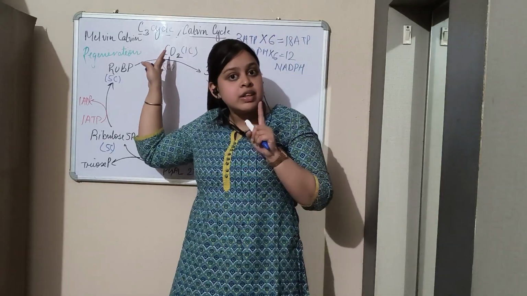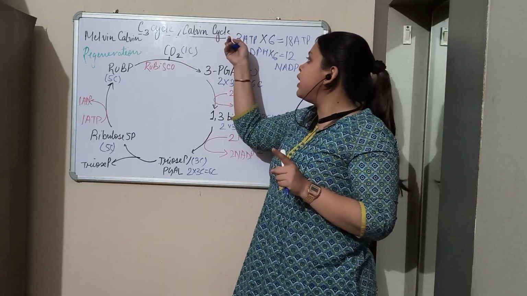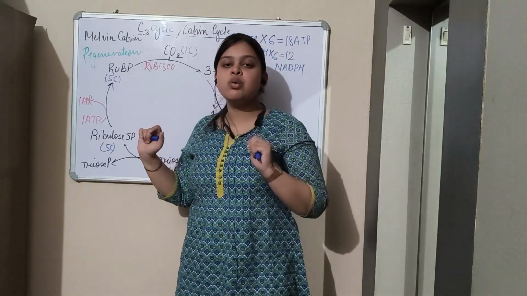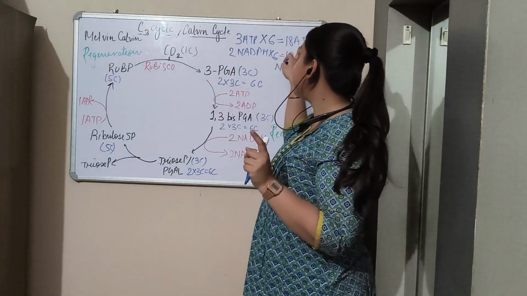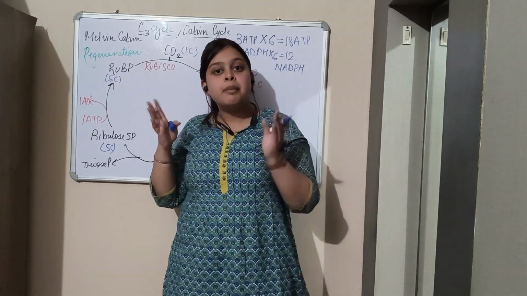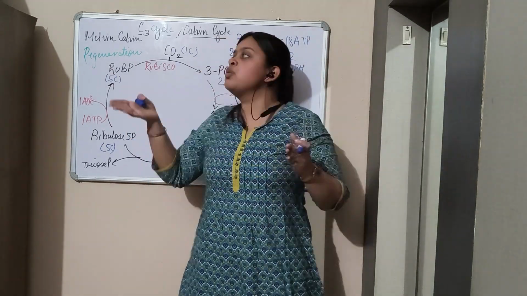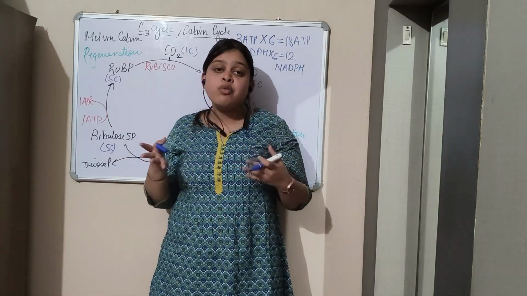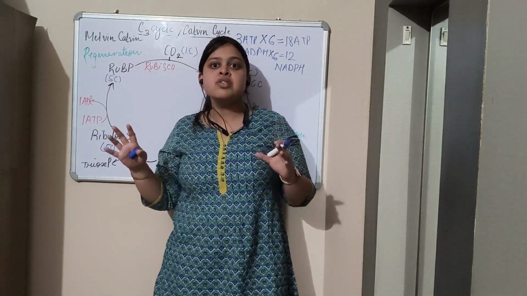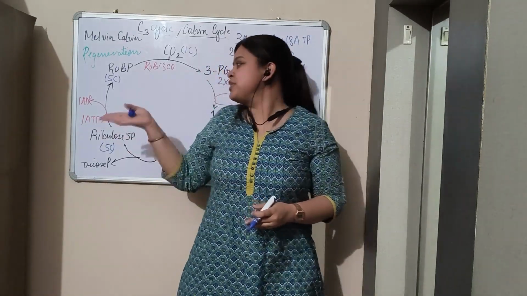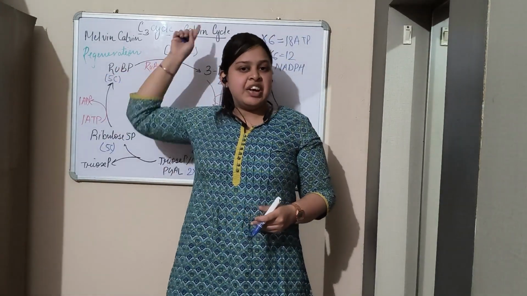When we started with one CO2 molecule, we needed 3 ATP and 2 NADPH. So if you are asked for the formation of one glucose molecule, you will write 18 ATP and 12 NADPH. If you are asked about per Calvin cycle, then you will say that 3 ATP and 2 NADPH are being utilized. You often get confused in the numbers, so always keep a check on what is being asked in the question. So this was the entire C3 cycle and the energy dynamics.